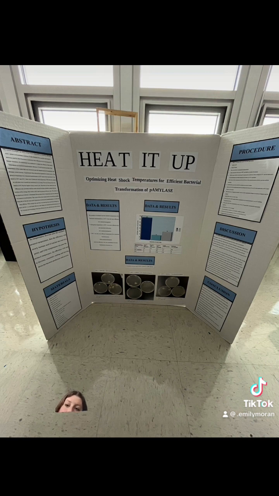The 34 degrees had an efficiency rate of 188, and 50 degrees had a rate of 78 colonies per nanogram. So 34 degrees having the efficiency rate of 188 colonies per nanogram was the highest, 78 colonies per nanogram represented the 50-degree water bath data, and 42 degrees had 42 colonies per nanogram.